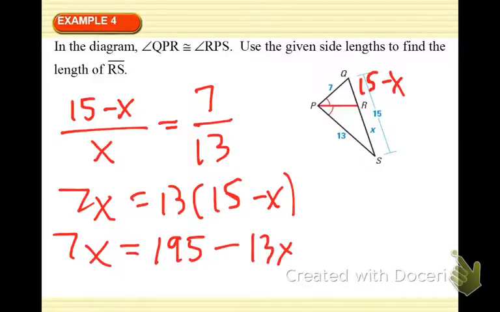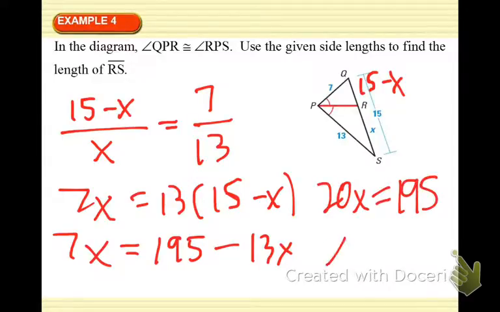So that's going to be 20X equals 195. X equals, we'll divide 195 by 20, I think you'd get 97.5. 97.5 is X. And that's what we had to find.